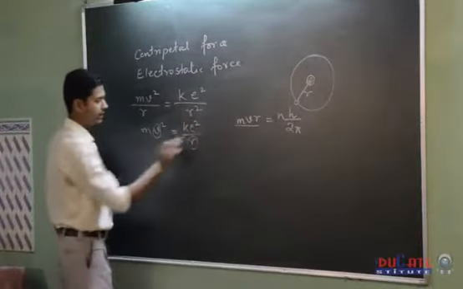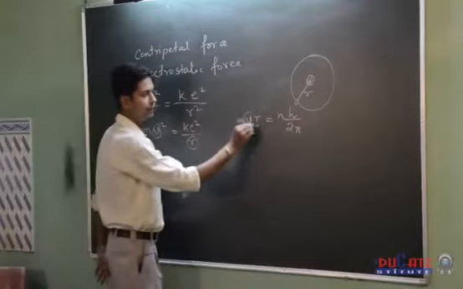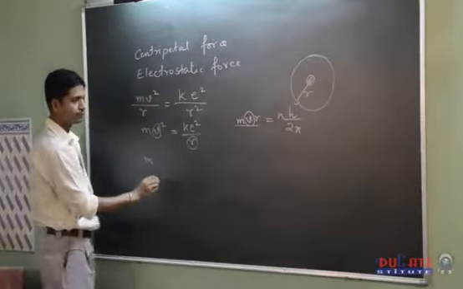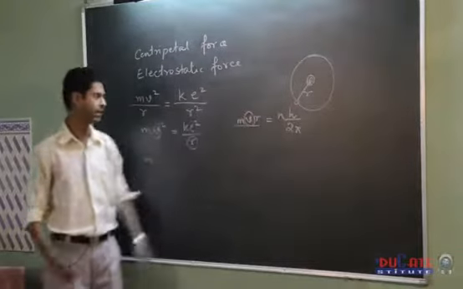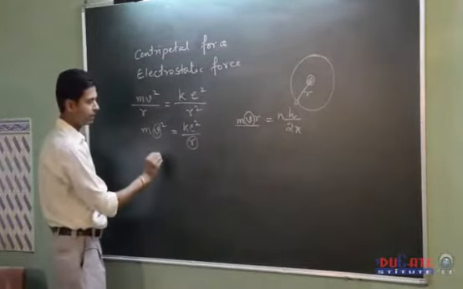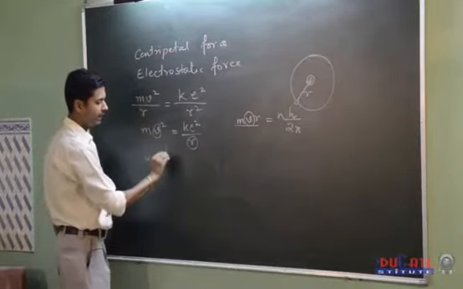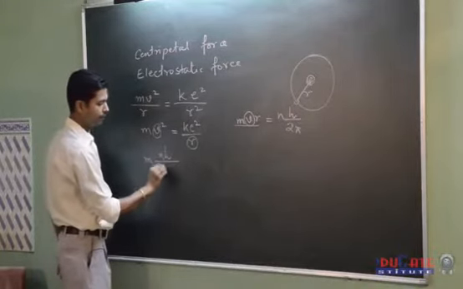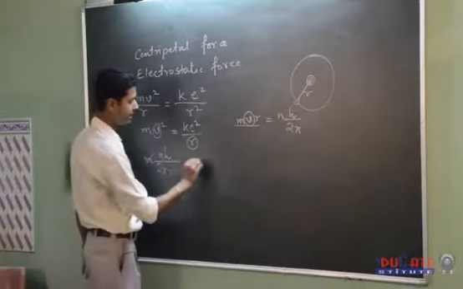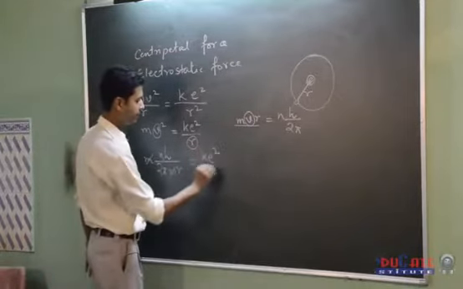Now if we replace velocity from here into here, we can eliminate velocity. So in this case we can simply write nh by 2 pi m r, where m and m get cancelled, and we have k e squared by r.